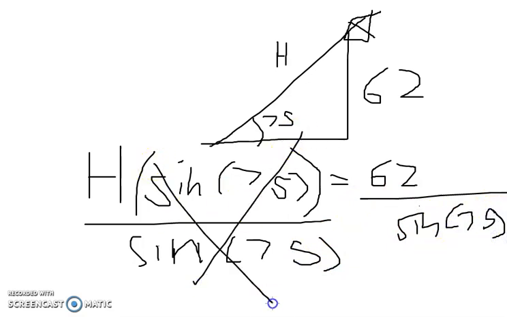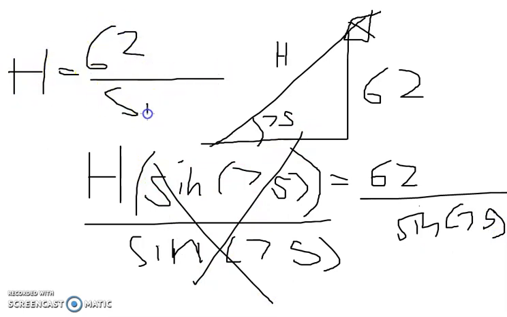And that cancels this out, and you're left with H equals 62 over sine 75. And at this point she probably doesn't even know the unit circle or any of that stuff, so I'm going to assume she has to plug it into a calculator.